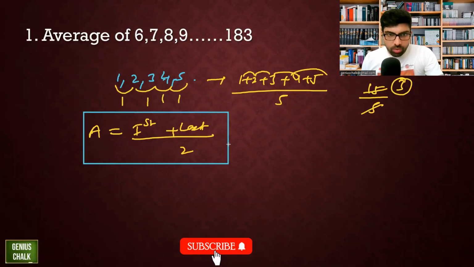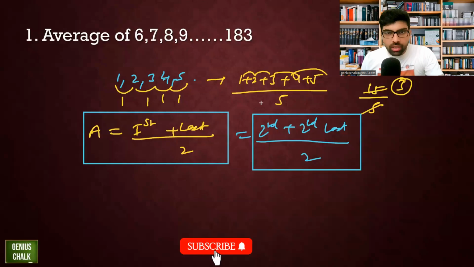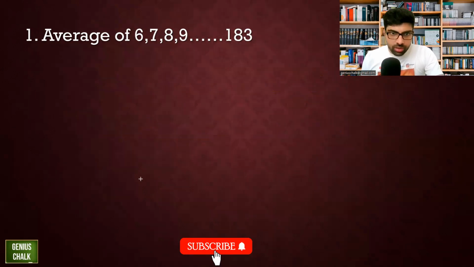First plus last by 2, or you can say second plus second last number by 2, or it may be third and third last number by 2. Let's understand why this is coming and how we use this in this question.